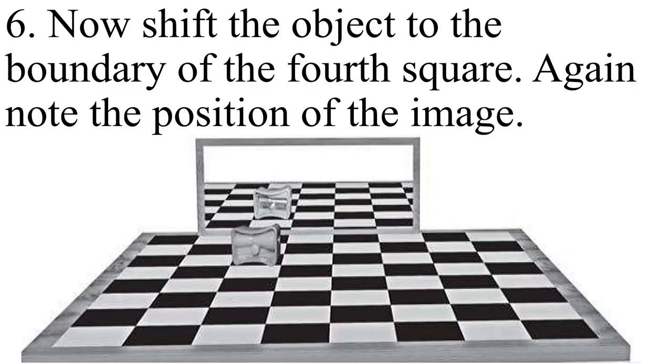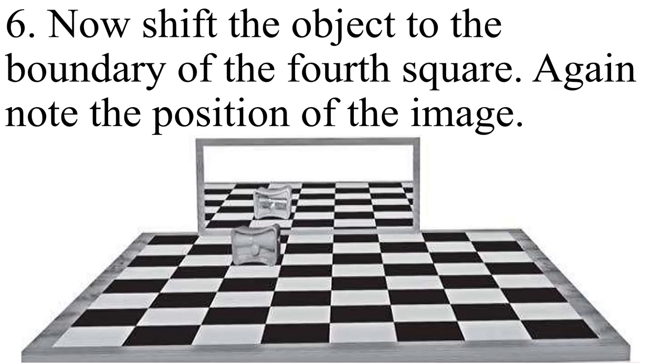In the picture given below, it is shown how the mirror has to be supported on the chessboard. Using this activity, we are trying to find the relation between the object and the image formed on the plane mirror.